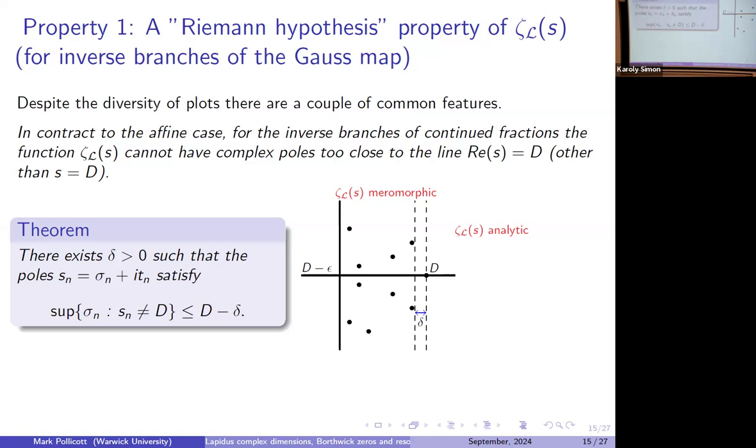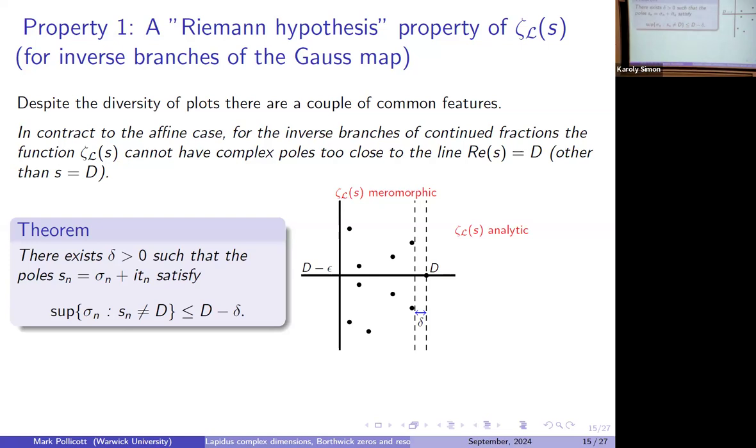So in the case of these inverse branches to the Gauss map, so the contractions are 1 over n plus x and 1 over m plus x. You look at the Cantor set, you write down the zeta function, you know that it's going to converge to an analytic function to the right of the real part of s equal to D, the dimension of the Cantor set, and you know that the poles, when they exist, will therefore have to be to the left of that line.